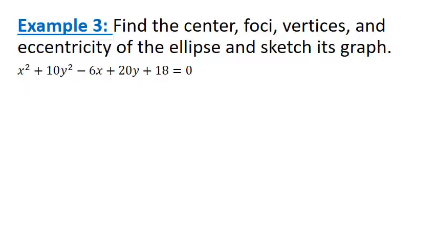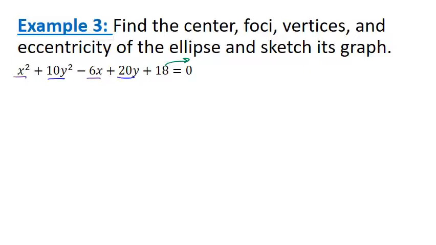But this one is going to be a little different because from our standard form of our equation, we want both variables on the same side. So I'm going to group together x's, leave it on the left-hand side, and group together y's, leave it on the left-hand side, but then move this constant over.